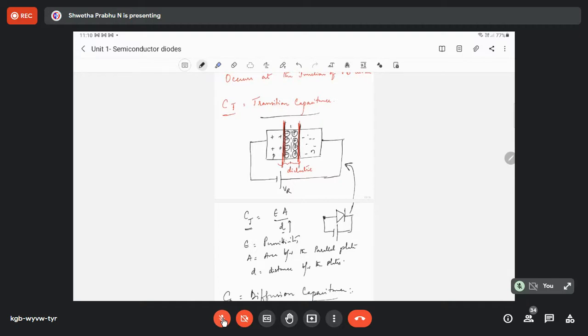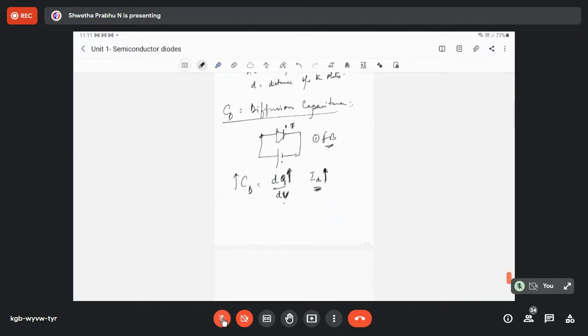What happens to this transition capacitance? It decreases because these two are inversely related. Isn't diffusion capacitance and voltage also inversely related? Correct. Here also it is inversely related with respect to this equation, dQ by dV.